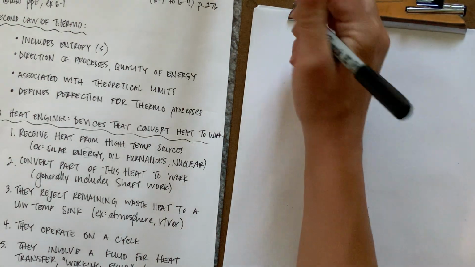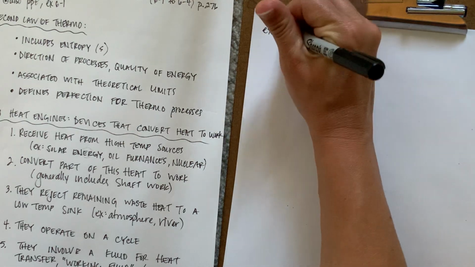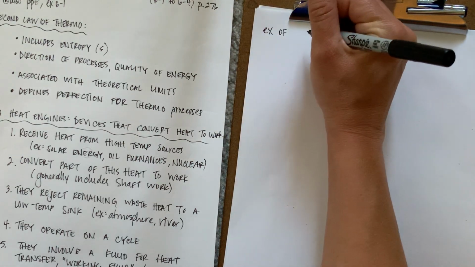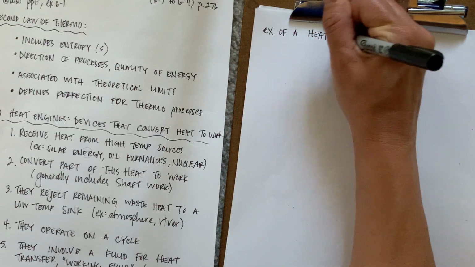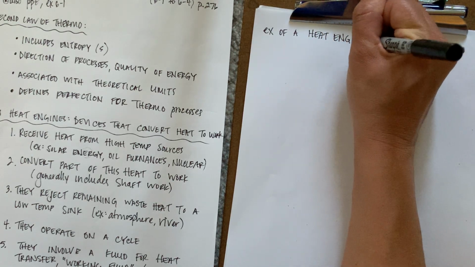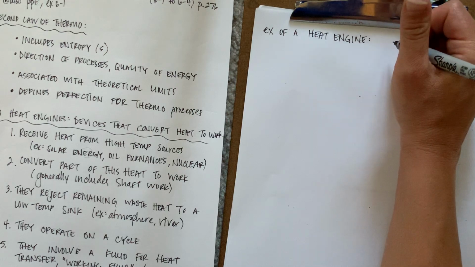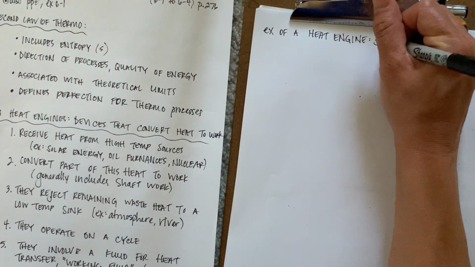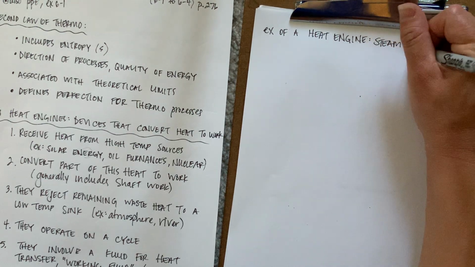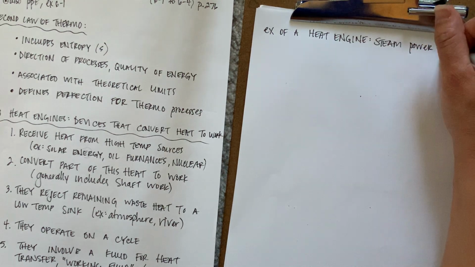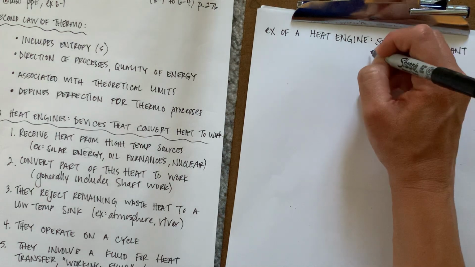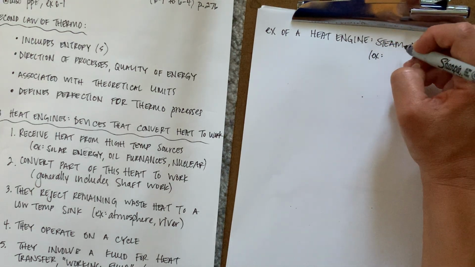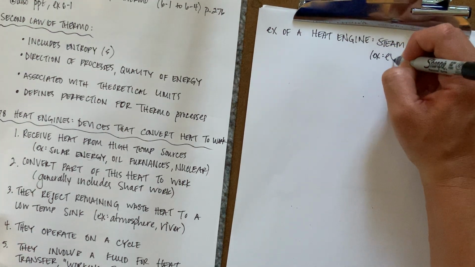So an example of a heat engine, as I mentioned, would be a steam power plant. And a steam power plant is an example of an external combustion engine.